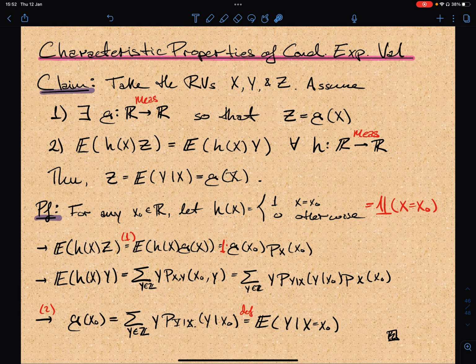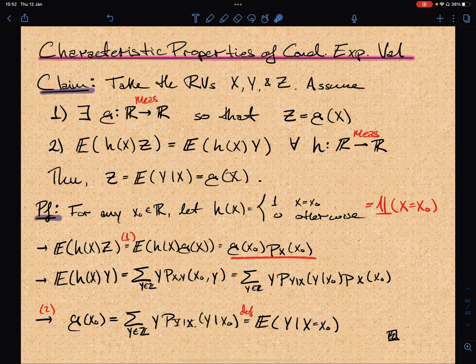So we have that the left-hand side of this identity, expected value of h of x times g of x, is going to be g of x naught times p of x naught.